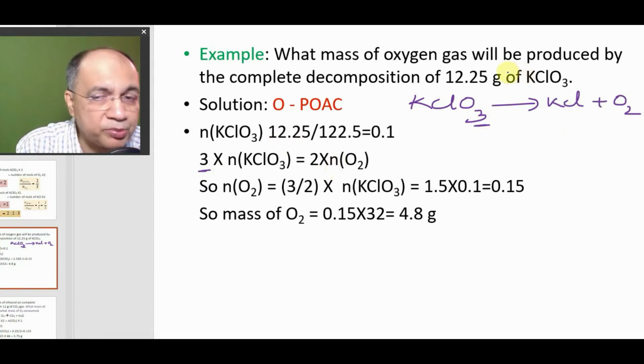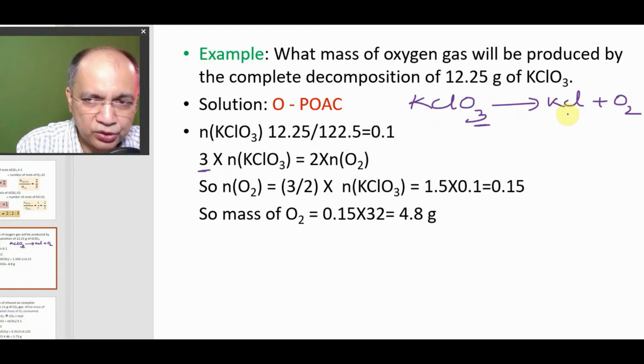But let's find out from the data what is the number of moles of KClO3. So the number of moles of KClO3 is the mass divided by its molecular mass, which is 122.5. The number of moles is 0.1. So if this is the relationship, 3 into number of moles of KClO3 is equal to 2 into number of moles of oxygen.